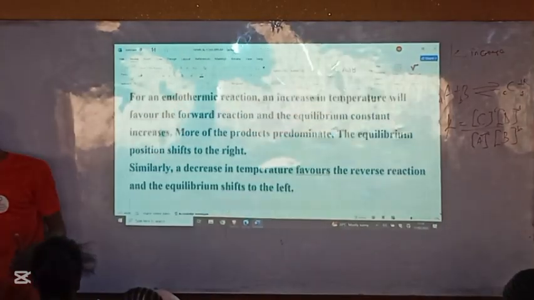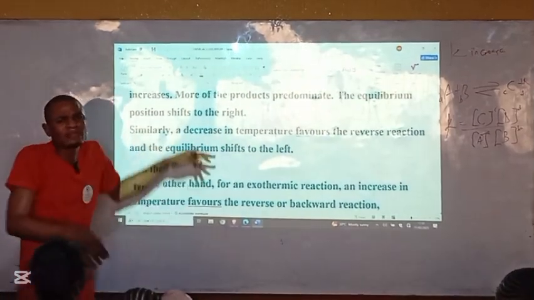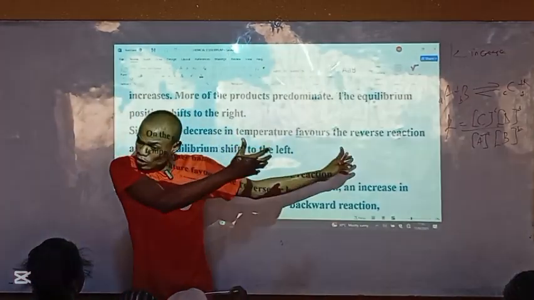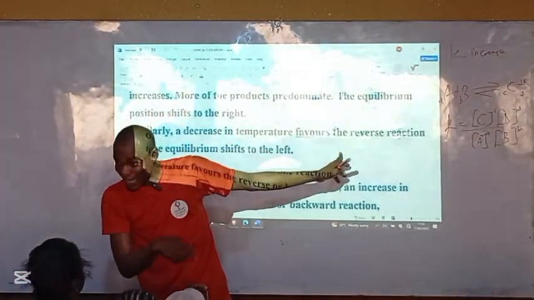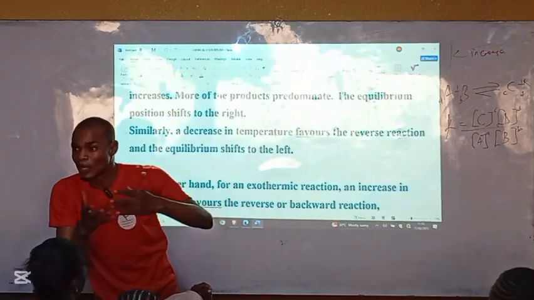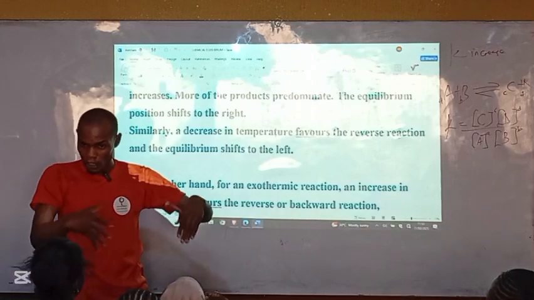What of exothermic now? Similarly, it is the opposite. If you decrease the temperature, what's going to happen? It is to the left. Everything is the opposite. If you put more effort into something to pass an exam, you are going to pass very well, but when you reduce your effort, you will be going down.